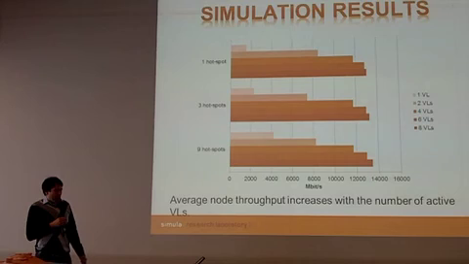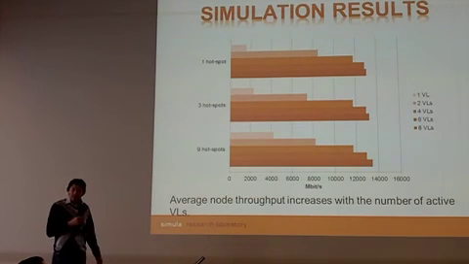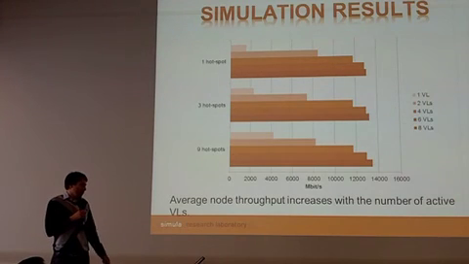But by now, we're able to fully utilize many of the links in the network, ending up with an average node throughput of around 13 gigabits per second, which is the ideal rate for this configuration.